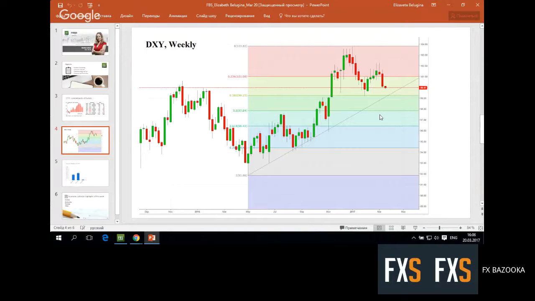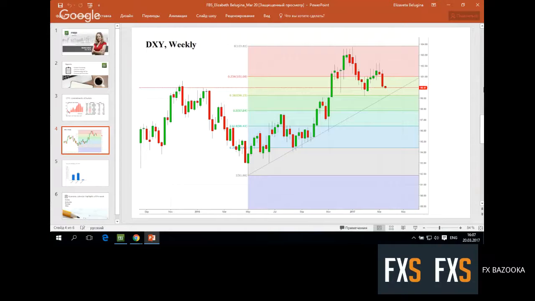Resistance for the currency is located at the 101 mark. This is the previous Fibonacci level, the 23.6% Fibonacci retracement of the dollar's advance from March 2016 to the end of 2016, beginning of 2017, and also 101.50 is the last resistance level, which should keep the US dollar under pressure in the coming days.